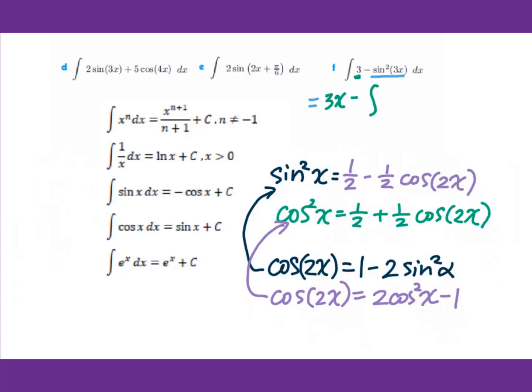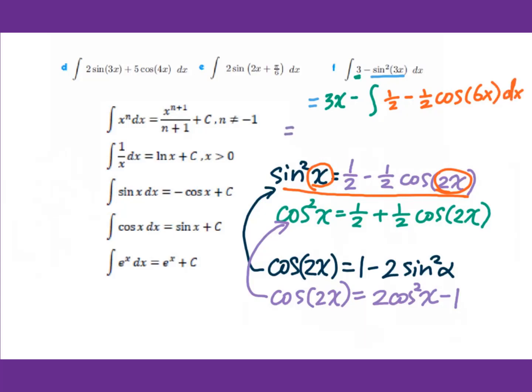I'm using this formula. For 3x, you just double, because this is a 2x, here's x. Therefore, you have 1/2 minus 1/2 cosine 6x dx.